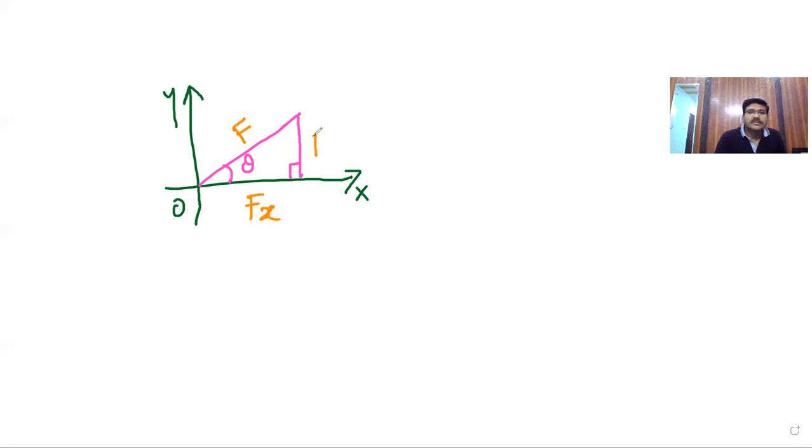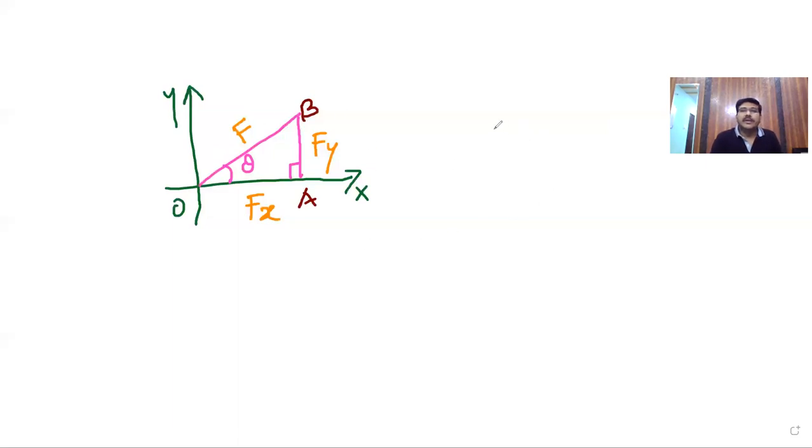This is the x-axis. This is the y-axis, origin. And this is the triangle formed. This is theta. And here, this is force F. This is Fx. This is Fy. Now, this is the OAB triangle.